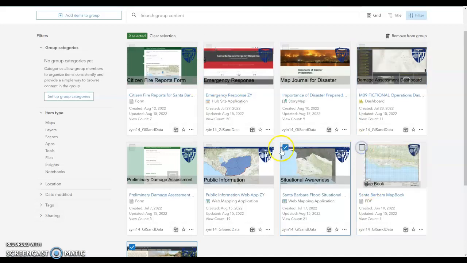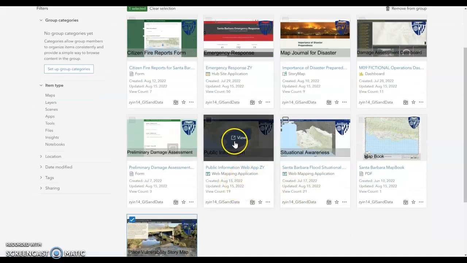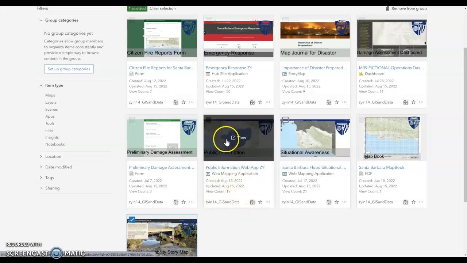And here we also see public information. We're using the Thomas Fire as an example, so you can see the damaged area and where the road blocks are. It is for residents affected by the incidents.